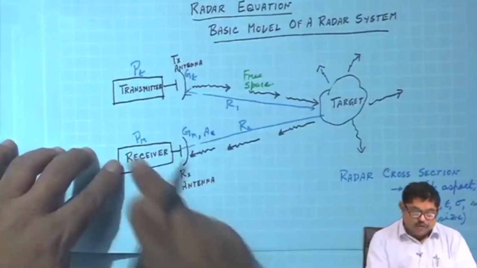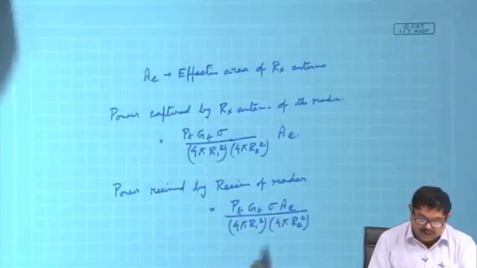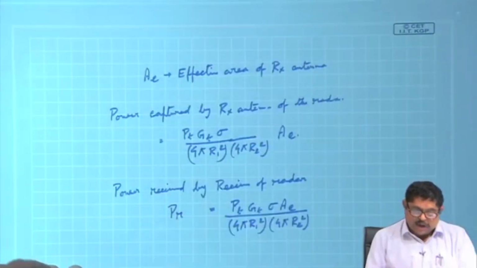If we look at this diagram, we call the power received by the receiver PR. So, now we can say that PR is this.